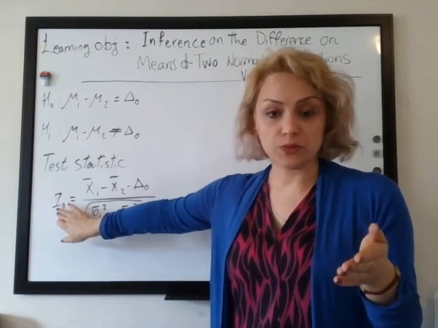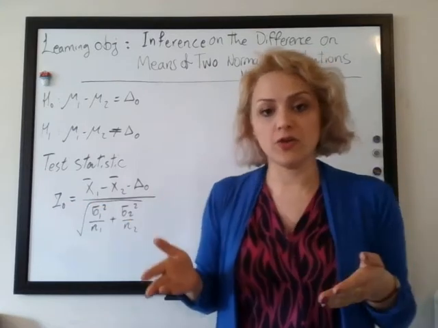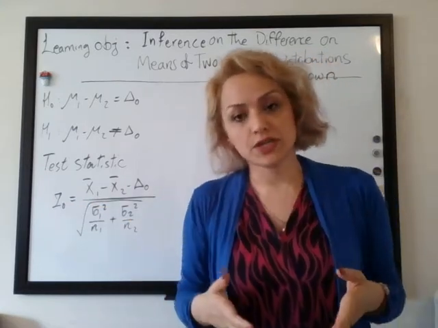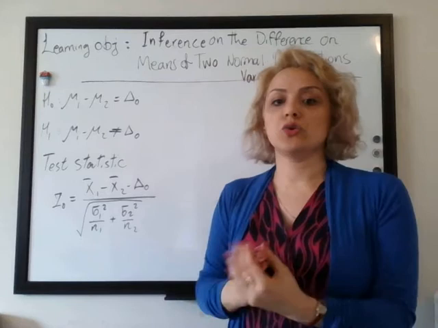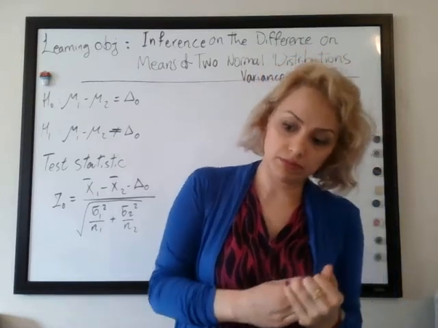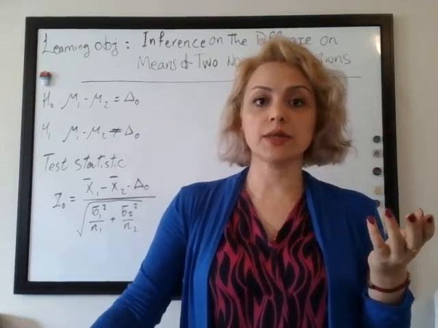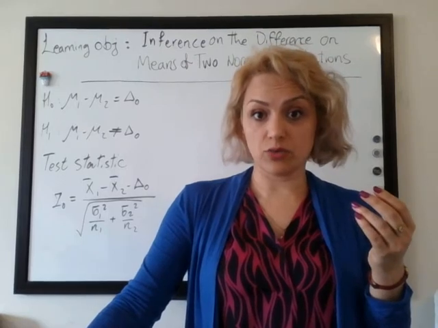That's our p-value, and then we compare the p-value with the alpha. Whatever computation we have, we then make the conclusion that we fail to reject the null hypothesis or we reject the null hypothesis.